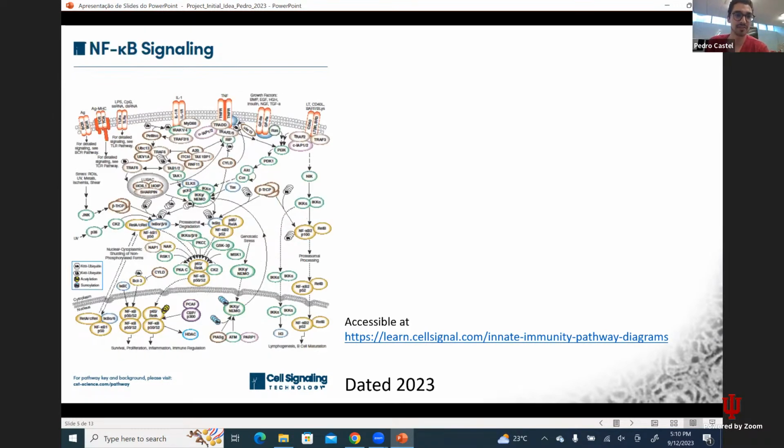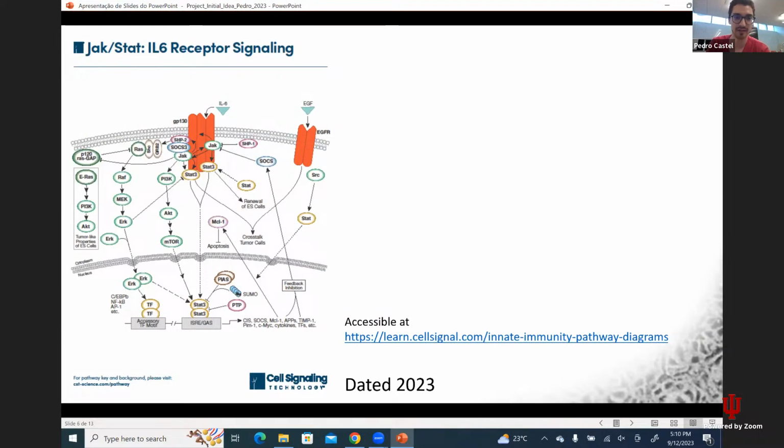NF-κB, this is a gene regulator, transcription factor, sorry, that makes the cell defend itself against viral replication inside it. And I have no idea what this is as well. So I really have to give them a better look.